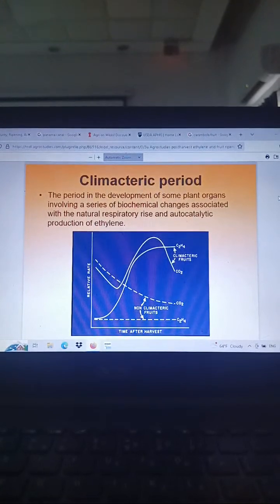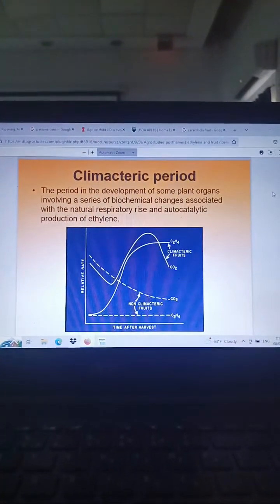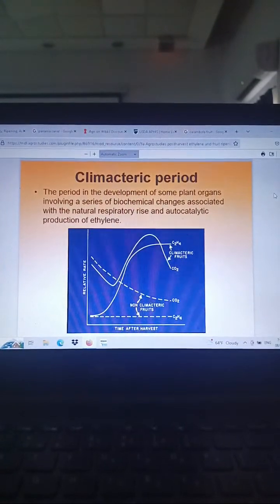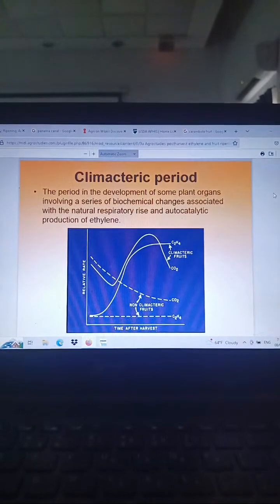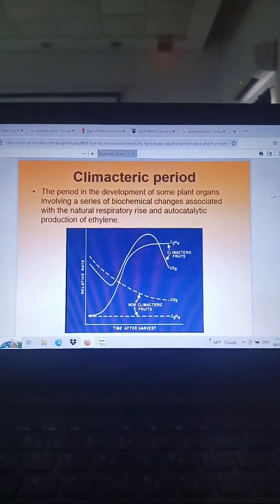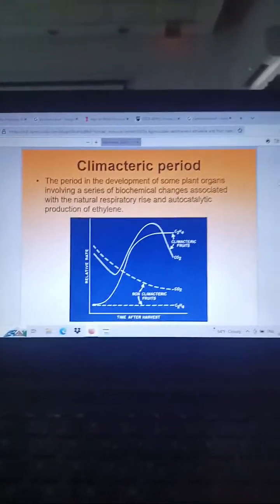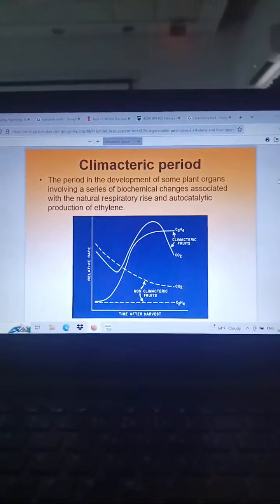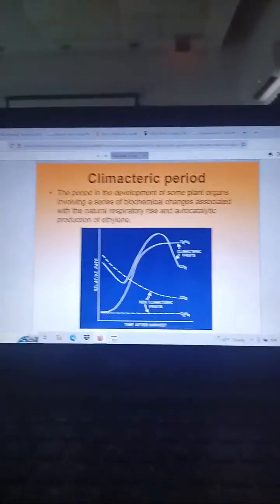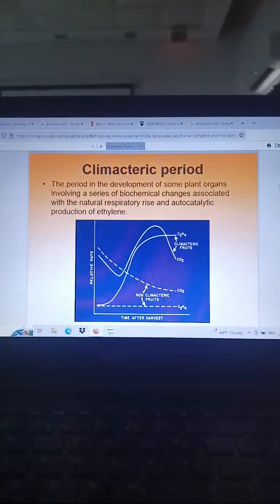Other fruit, for example, mango. Mango is green and you don't have ethylene. When it changes to pink, to red, then it starts on the tree to make ethylene, like the tomato. So mango is also a climacteric fruit because it makes ethylene.